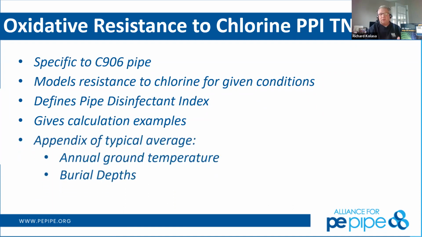So what we did is we solicited something like 425 utilities across North America, looking at all facets of pressure, temperature, pH, chlorine concentration, and residual chlorine concentration, and really looked at all of these aspects to develop a calculator that we could literally use to determine what this ORP effect is on the pipe.